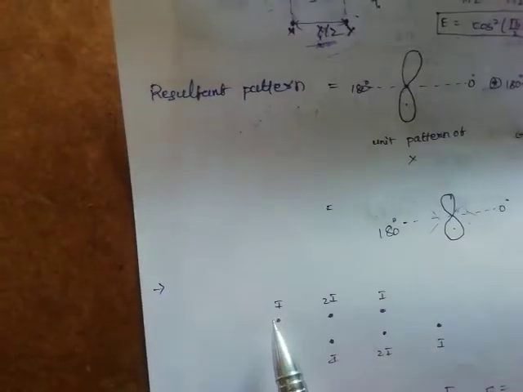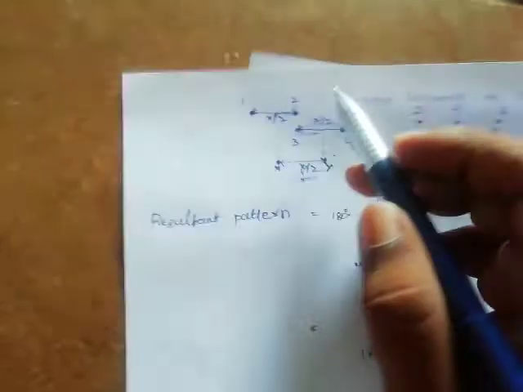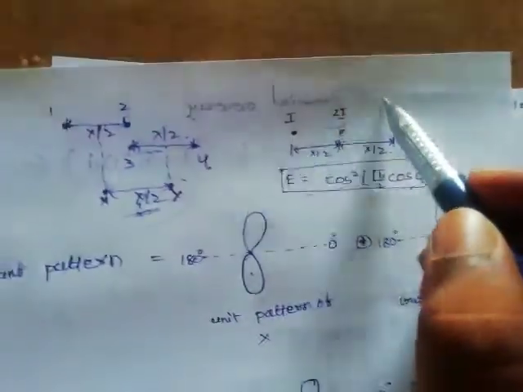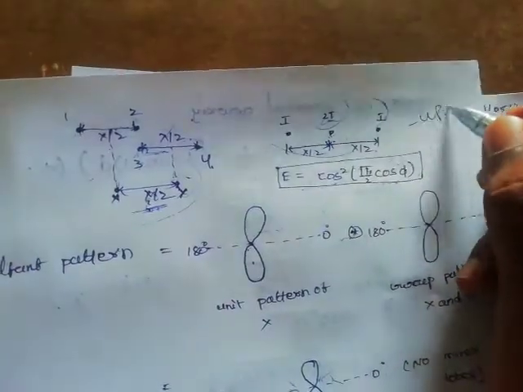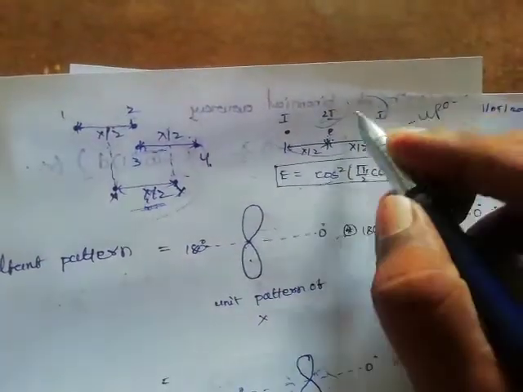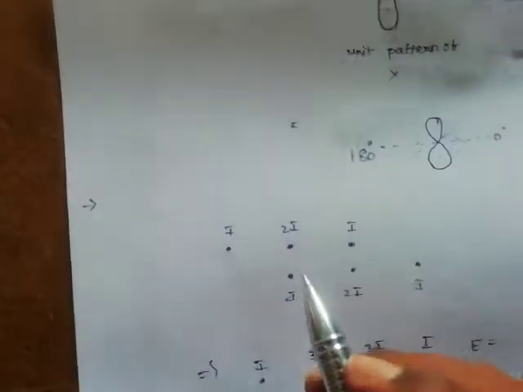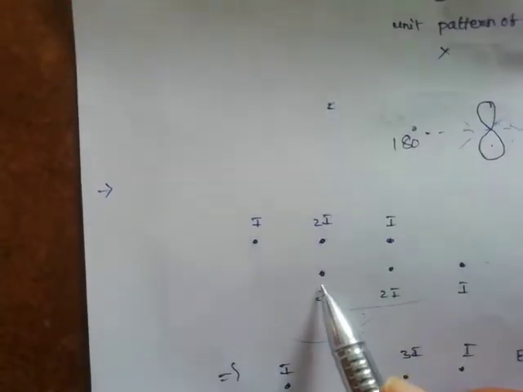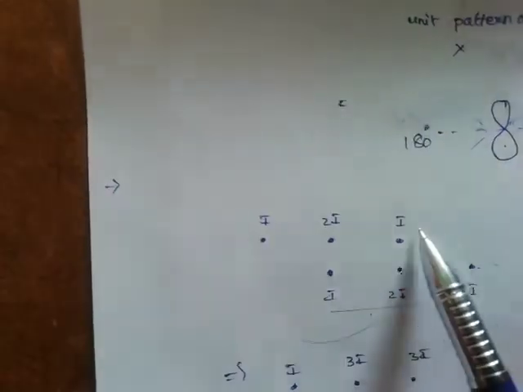Okay, further example: if you take another 8-point source, again we have to rearrange the 1, 2, 3, 4 arrangements. So this arrangement I, 2I and I is for 4-point sources, and for another 4-point sources we get the same arrangement again, I, 2I and I. We are going to arrange these points not continuously, we rearrange them here.